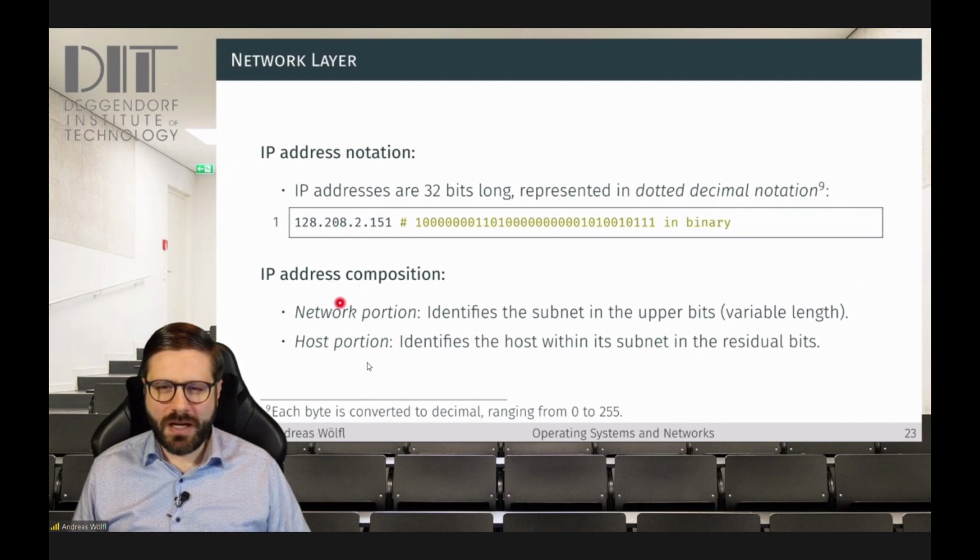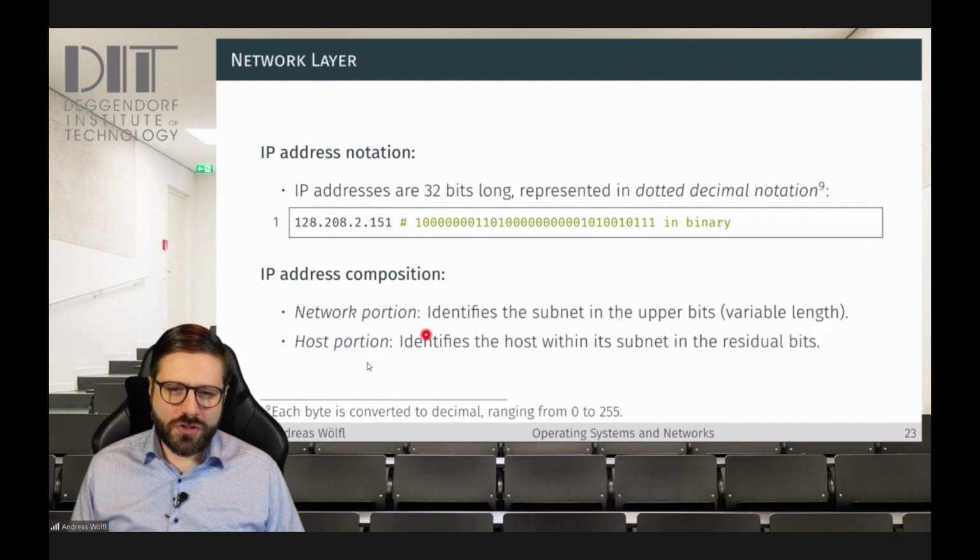Remember that an IP address has two parts. It has a network portion, which identifies the subnets in the upper bits, and we have a host portion. The host portion is the IP range in a subnet, where the addresses inside that range, except two addresses: the first address is the network address, and the last address is the broadcast address, but everything in between can be allocated and assigned to a host.